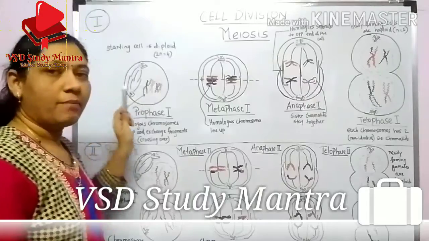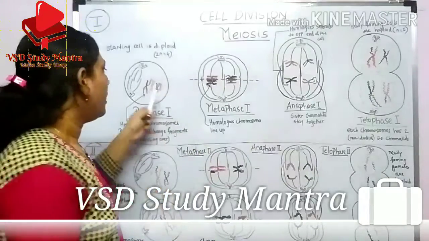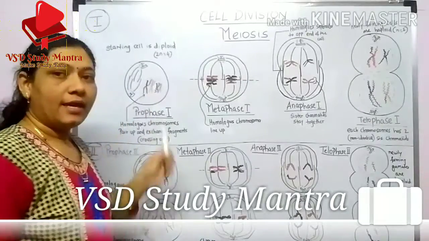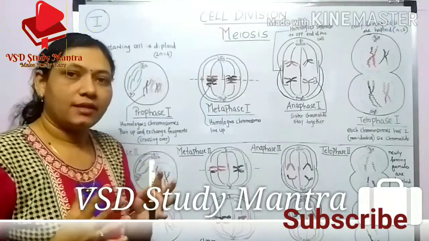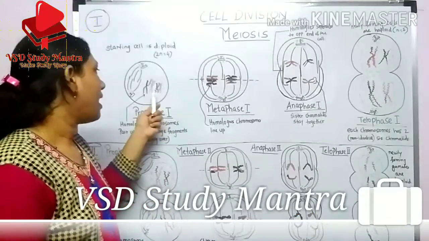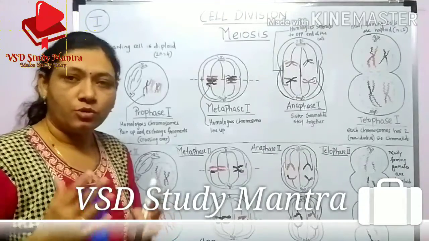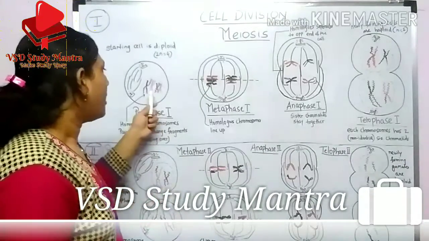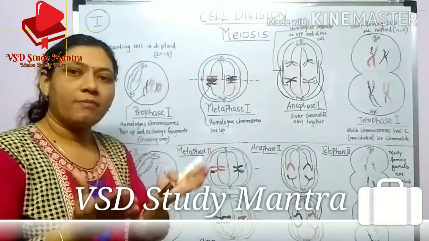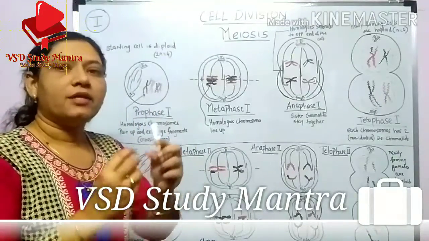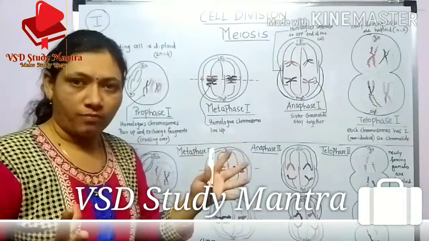The nuclear membrane starts to dissolve just like in mitosis, and the DNA, the genetic material, thickens and the chromosomes start to condense. After condensation, the nuclear membrane dissolves and the chromosomes inside are released.